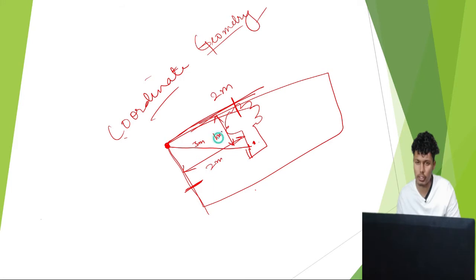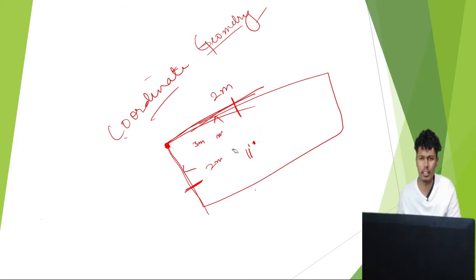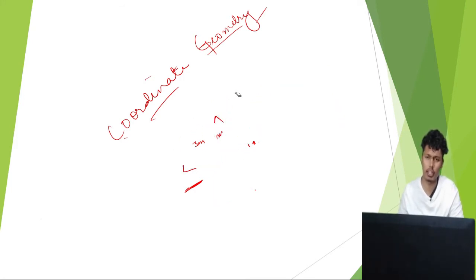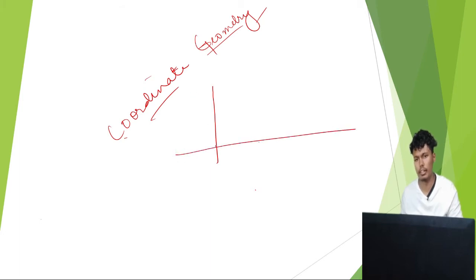I think I made it complex, so let me write it down again. This is the point you are taking as a reference, the corner of your paddy field, and here is a big mango tree.